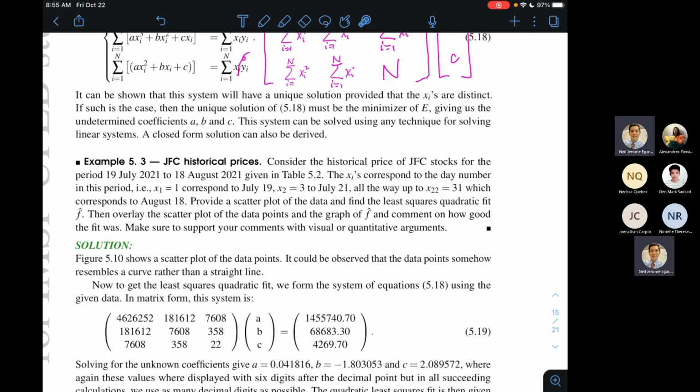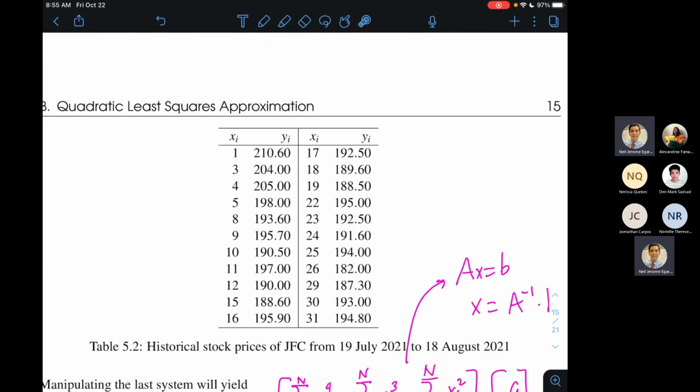So that means on July 19, first day of our observation period, 210.6 yung presyo niya. On day 3 of our observation point, which happened to be the second trading day within the observation period, 204 pesos yung presyo niya. And it went down, medyo downward yung trend. Kung mapapansin nyo, kasi day 31, naging 194.80 na lamang siya.